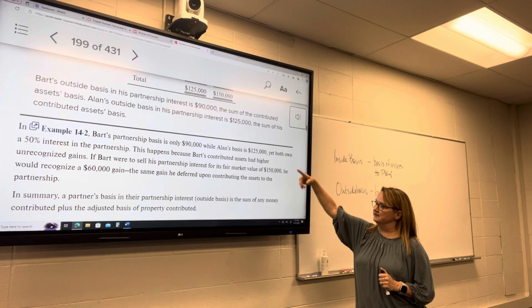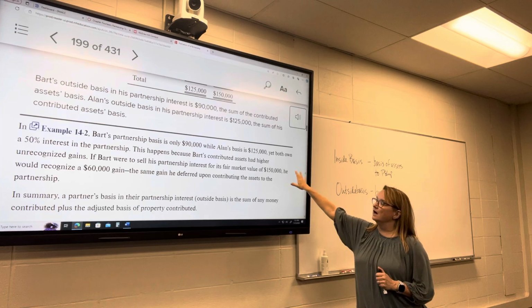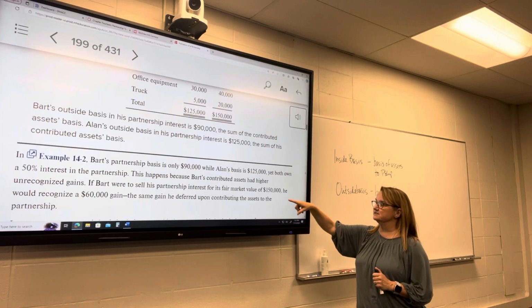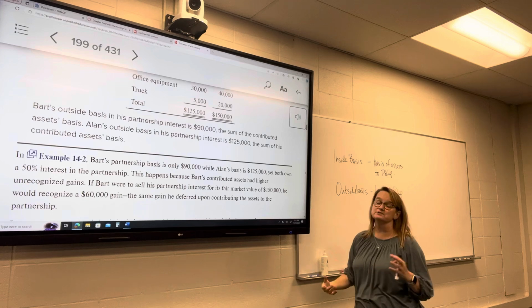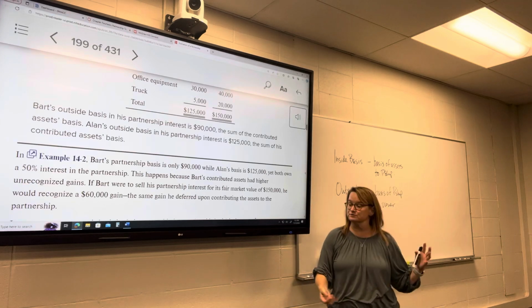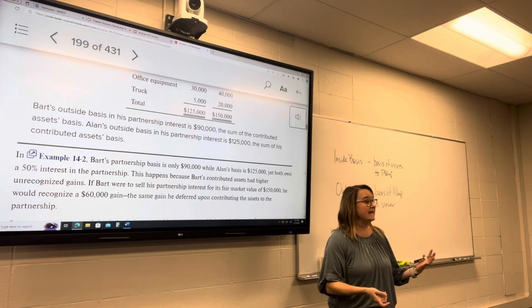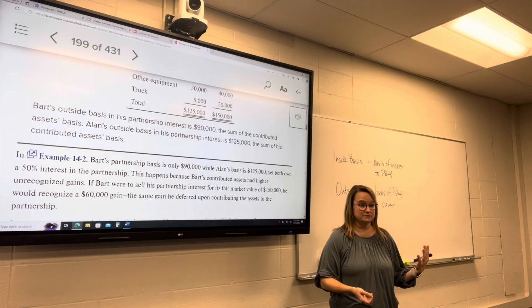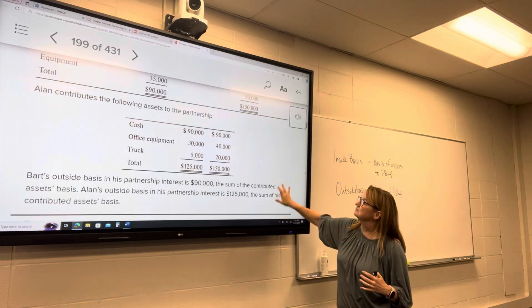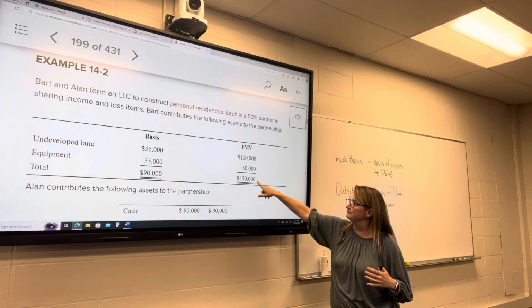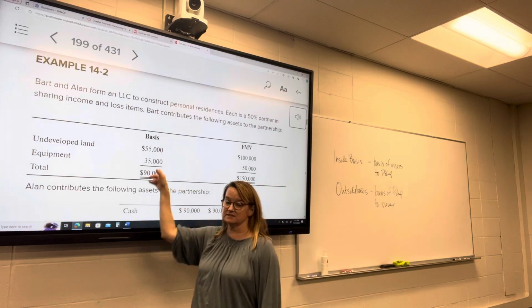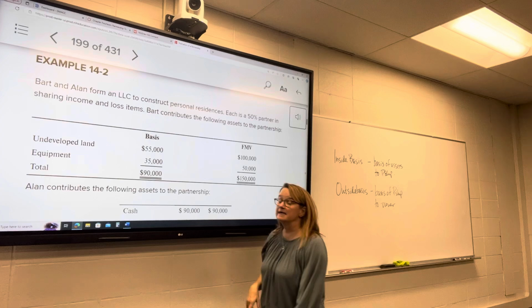So again, they explain the difference between the fair market value. If Bart were to sell his partnership interest for its fair market value of $150,000, he's going to recognize a gain at that point of $60,000 because Bart got $150,000, but these assets that he contributed were $90,000.